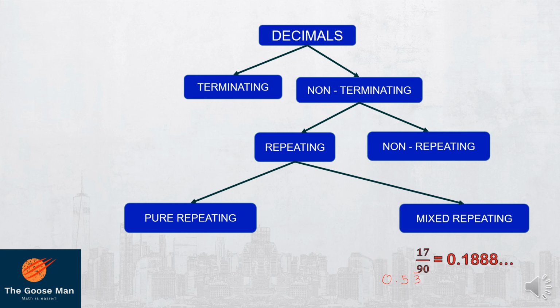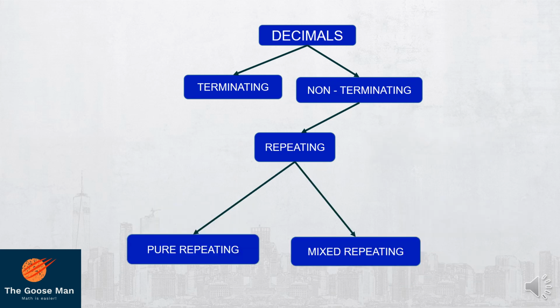Another example is 17 over 90. This is equal to 0.1888 infinitely, or I can rewrite this as 0.18, and I'll put the vinculum or bar at the top of 8.